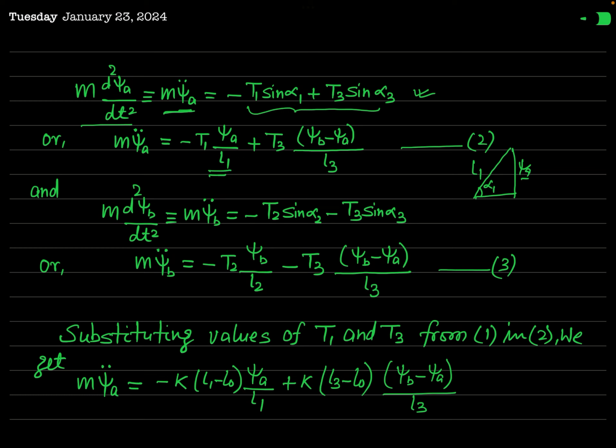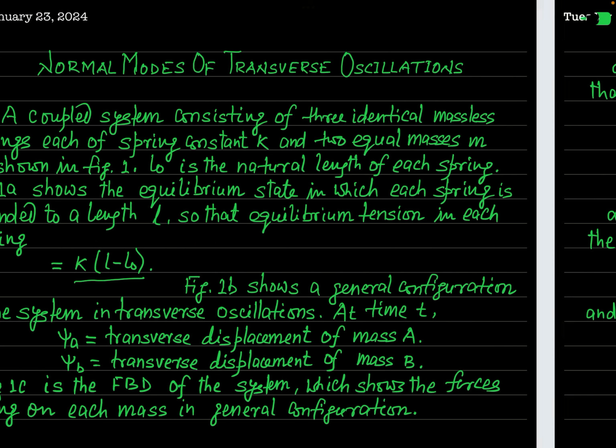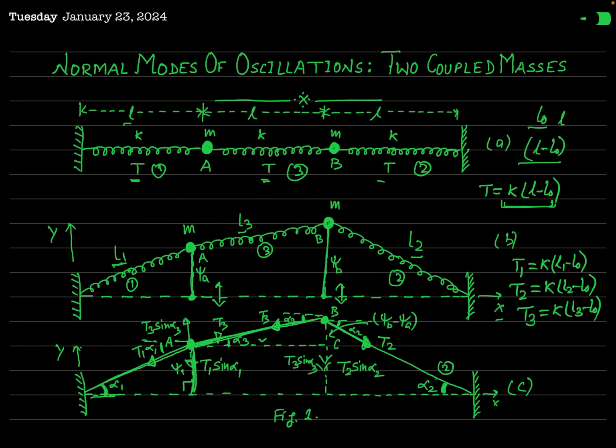Now see again that figure. What will be sine alpha 3? You can see here, this is your angle alpha 3, and the length of this third spring is now L3.